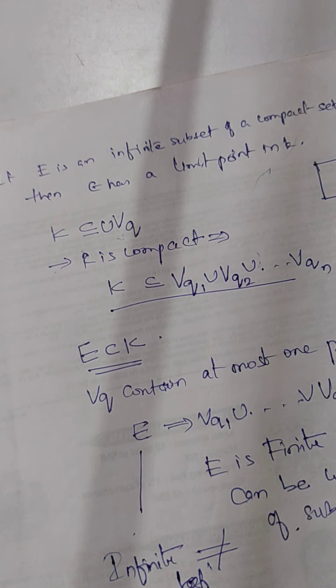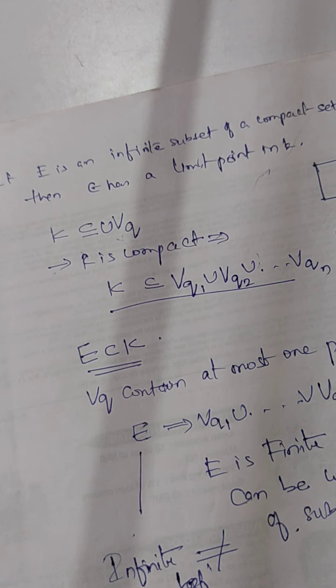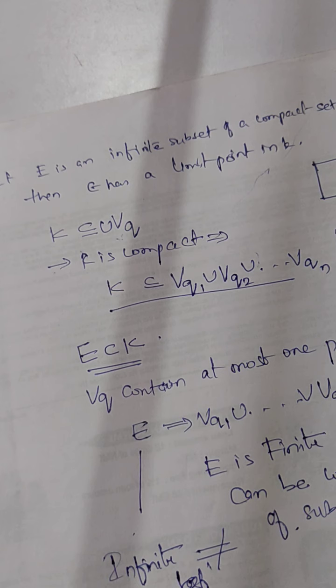In the next video, I hope to cover perfect and connected sets. This is pretty much easy. In this we use Cantor sets, and the Cantor set is very easy. Then separated sets and related theorems.